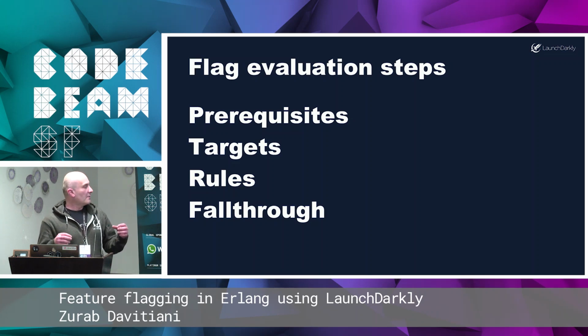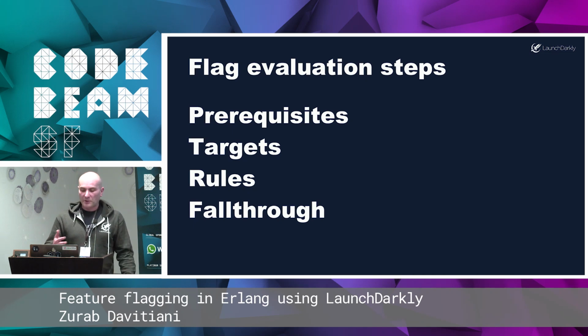The flags can have targets. You can target individual users with different variations of a flag. Rules allow for more complex matching against users and rollout conditions based on, again, user properties. And then fall through, if none of the above match, is the last thing that we want to default to.